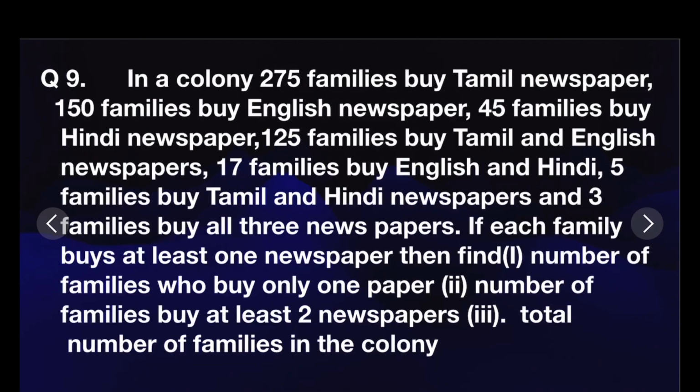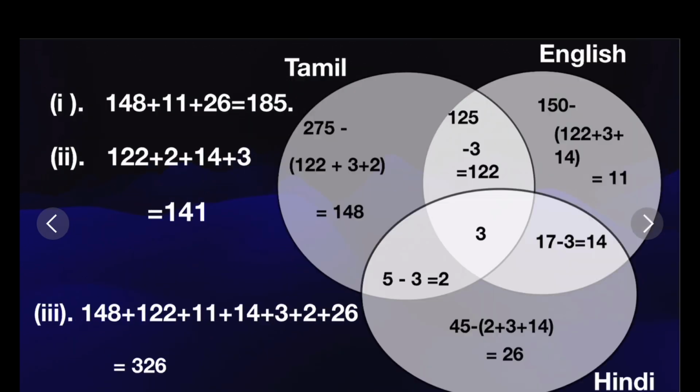Okay. Question 9. In a colony of 275 families, some buy Tamil newspaper, 150 families buy English, 45 families buy Hindi newspaper. Okay, let's do this with the help of a Venn diagram. So draw circles like this. These are the people who buy Tamil newspaper, English newspaper, Hindi newspaper. See here, this portion will be the people who buy all three newspapers.